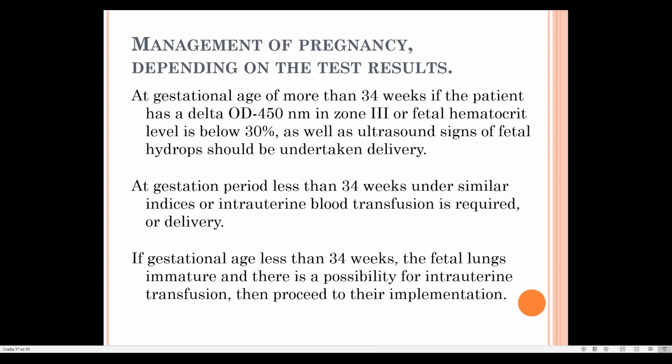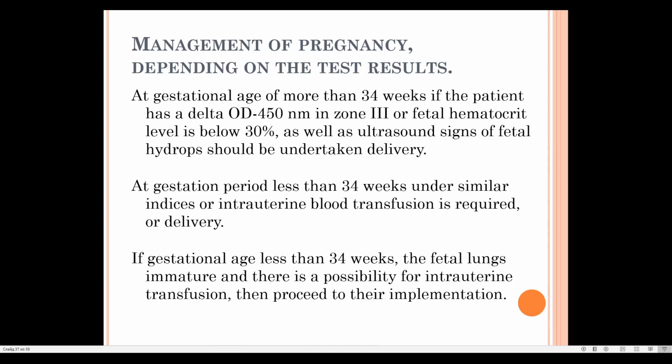What is the management of pregnancy depending on the test results? At a gestational age of more than 34 weeks, if the patient has a delta optical density 450 nanometer in zone 3 or fetal hematocrit level is below 30%, as well as ultrasound signs of fetal hydrops, delivery should be undertaken.